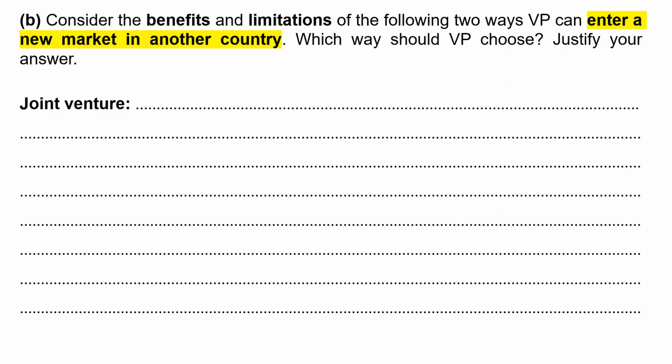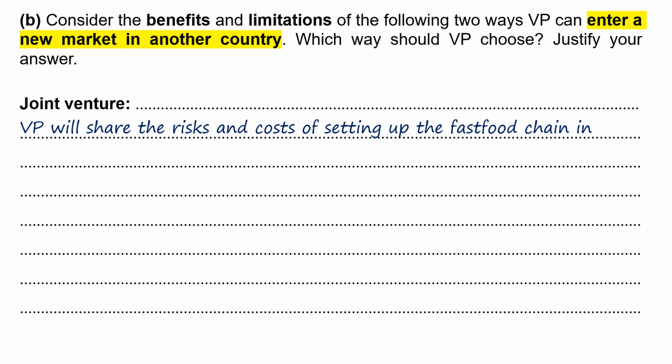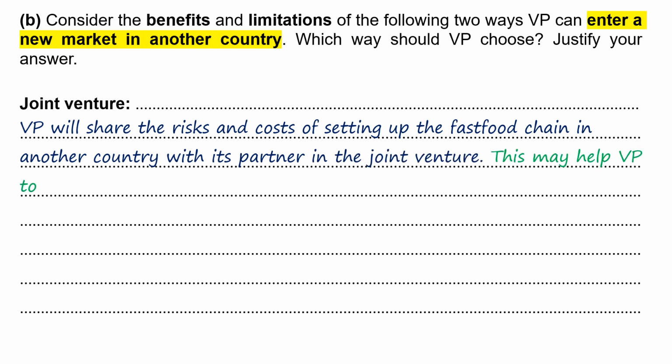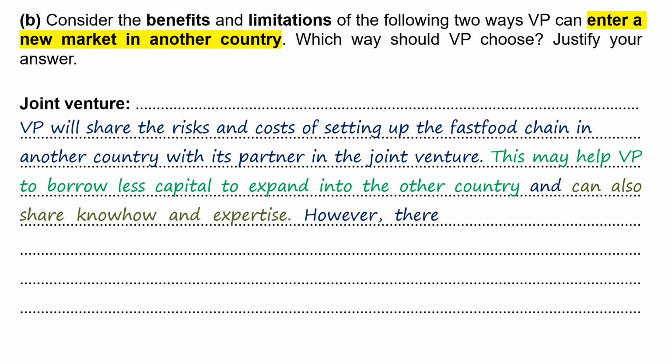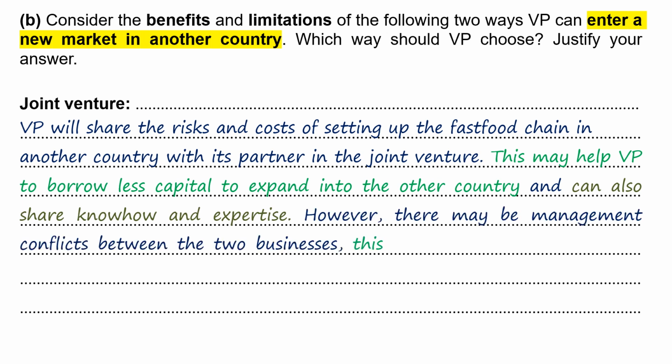Joint venture. VP will share the risk and costs of setting up the fast food chain in another country with its partner in the joint venture. The first line is the knowledge point. What will happen?